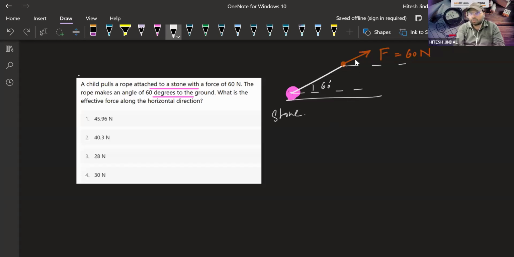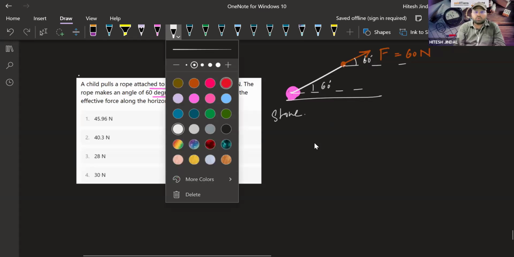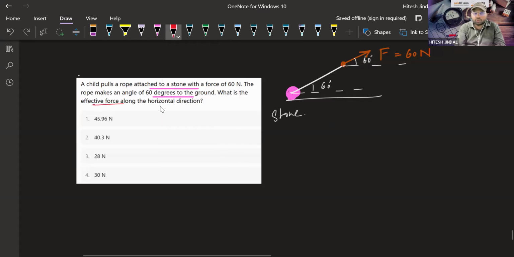Now it is asking you what is the effective force along the horizontal direction. So I have to tell the force along horizontal direction, right? So this is horizontal direction, and this is vertical direction.